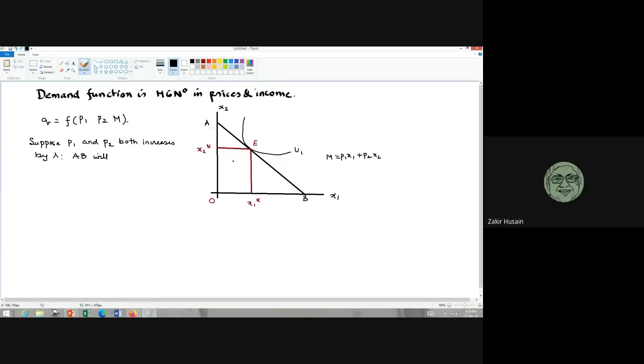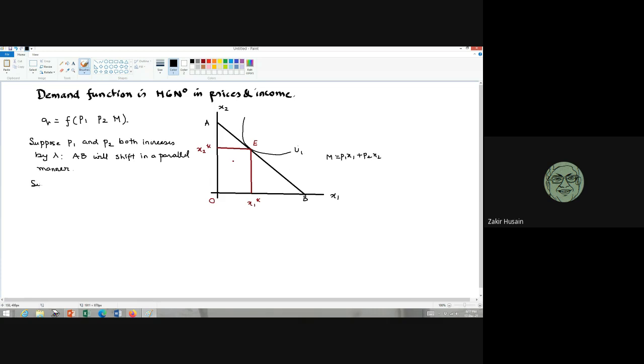If only one price changes, then you will have a rotation. If both prices increase or decrease, then it's going to be an inward or outward shift. It will be a parallel shift of the budget line. Okay, it's going to be like this. Since prices have gone up, the budget line is going to come here. If prices decrease, the budget line will shift outwards. It will be something like this.